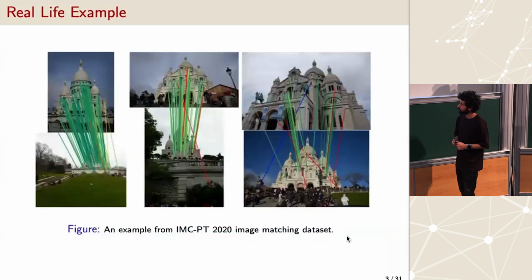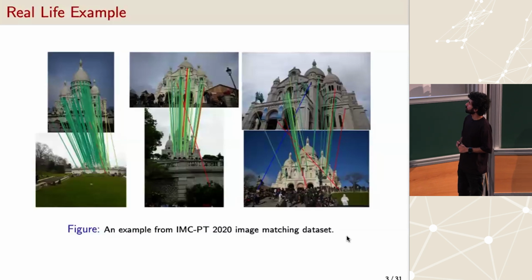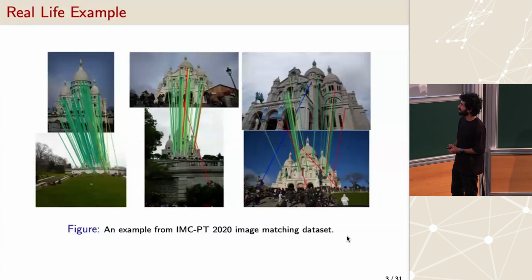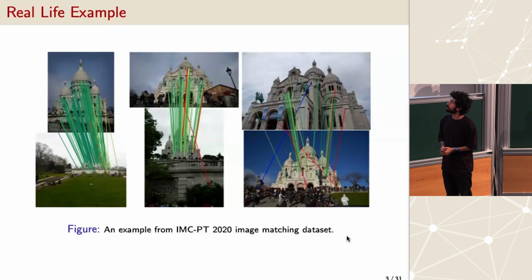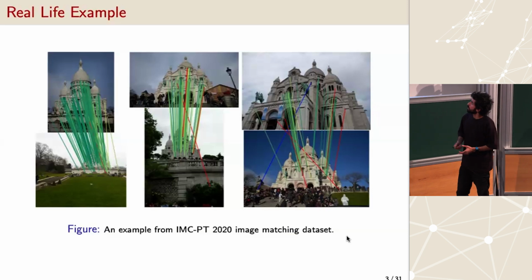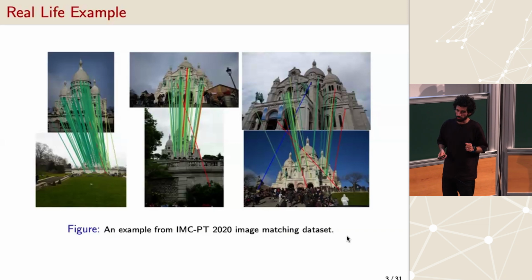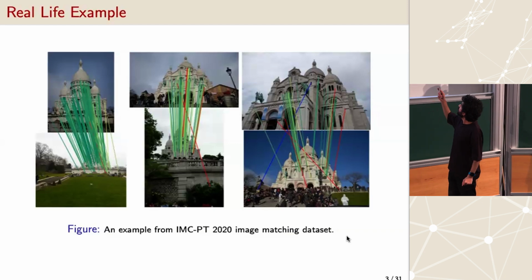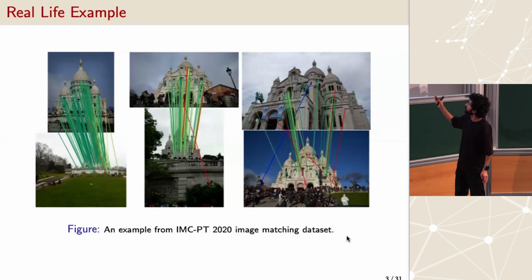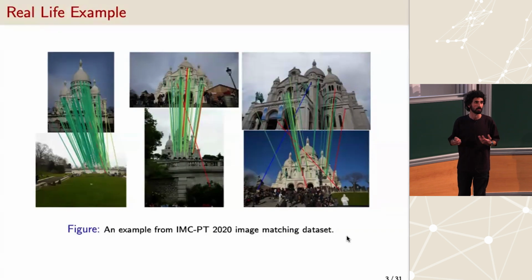Just to give you an example of what I mean in computer vision, we have the same picture of the Sacré-Cœur in Paris, and you can see, for example, in the third picture, the angle is really different from the one below, and therefore this matching algorithm makes a lot of mistakes.